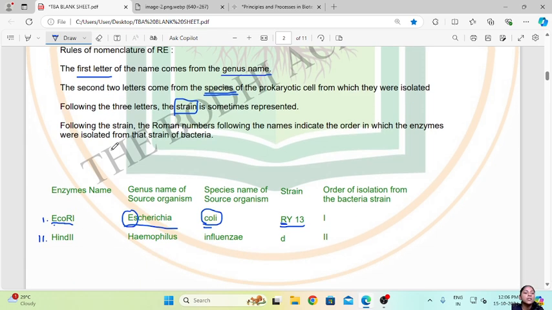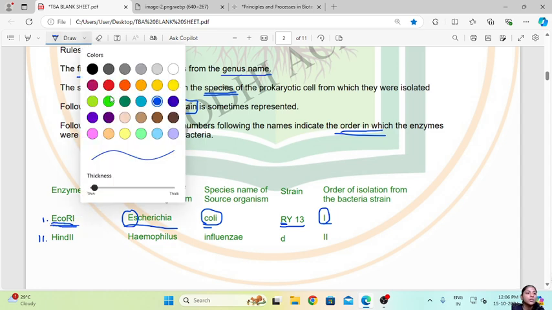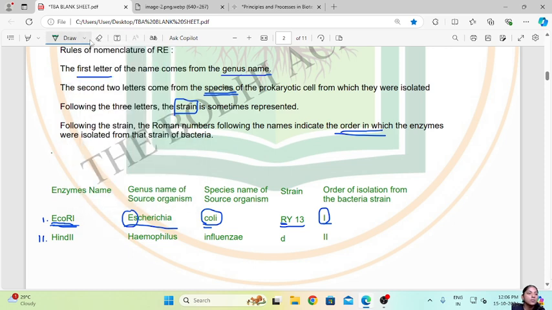And then following the strain, the Roman numerals following the name indicate the order in which the enzymes were isolated from that strain of bacteria. So the order of isolation from the bacterial strain was 1. So EcoRI.